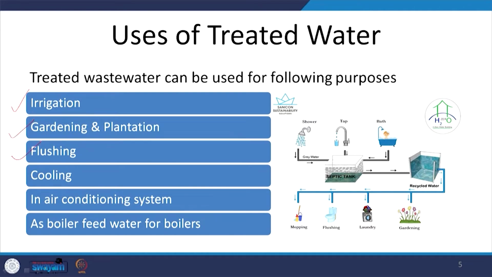We can use it for flushing, we can use it for cooling, which is making up for the water which is required as part of the HVAC system. We can use it in the air conditioning system and also as desert cooling, evaporative cooling. We can also use this as boiler feed water for boilers. So, there are multiple purposes for which this water can be used, even when it is treated to the tertiary level.